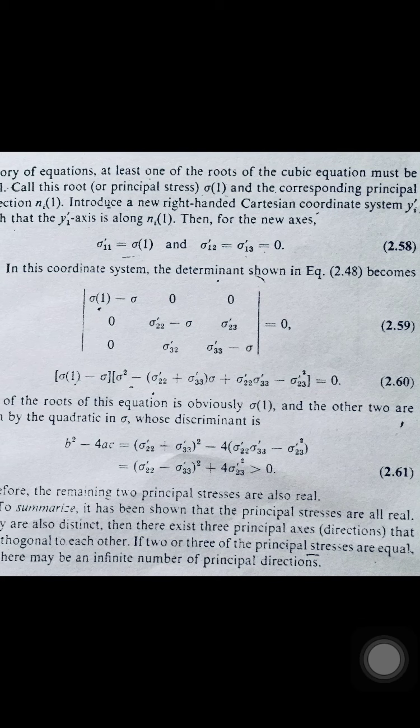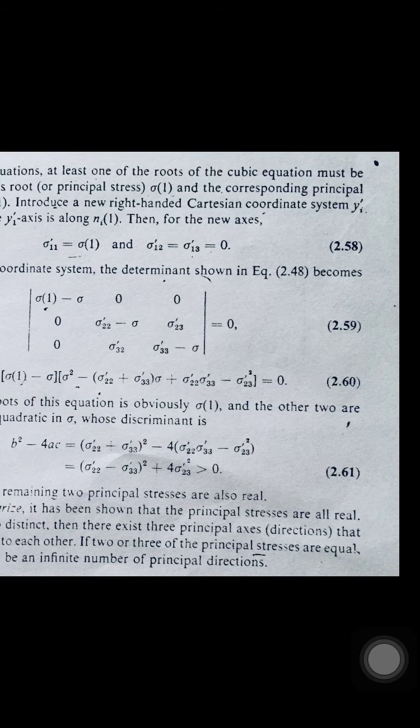This is very important, because when they are equal, the trivial solution does not exist, meaning n i dot n j equal to 0 does not hold. It means there are infinite principal directions. So this is the main difference: when roots are distinct, there are finite principal directions; when roots are equal, the principal directions are infinite.